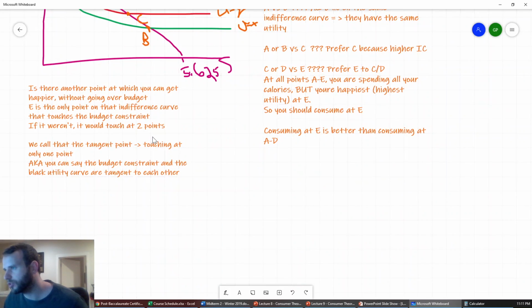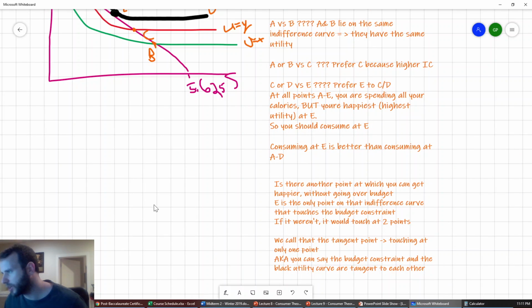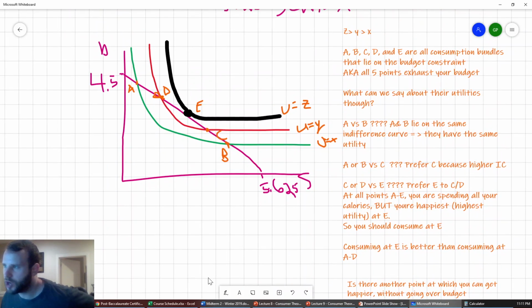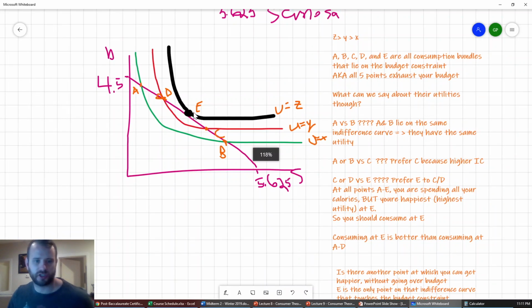I'm going to bring this note down here now that we're done with it. So to answer the question, no, there is no other point at which you can consume that will get you a higher indifference curve. Because we've basically taken it as far as we can, and we're only touching at one point now. So that is the highest utility curve you can get that's still on the budget constraint.